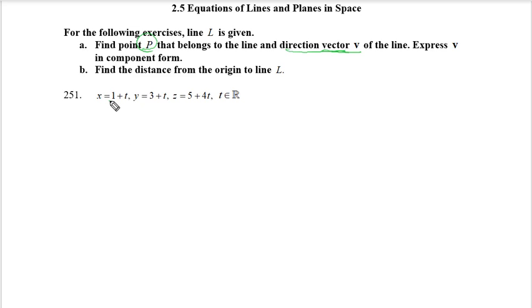Here is a point on the line. So the point is going to be 1, 3, and 5. And here is our direction vector. So the direction vector is going to be 1, 1, and 4.